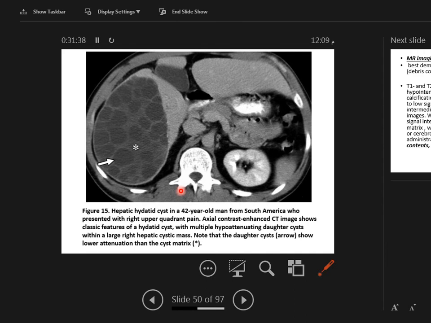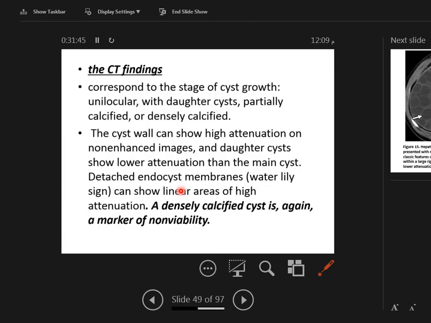This is by CT scan, like the spoke wheel appearance. CT findings could be multiseptated with the daughter cysts, partially calcified, densely calcified. A densely calcified cyst is again a marker of non-viability.